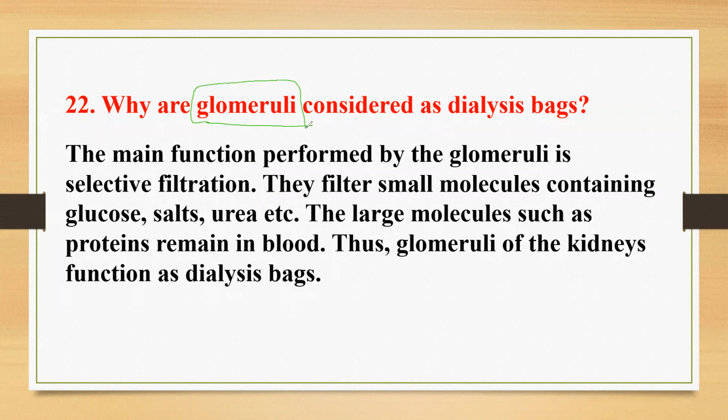Here in the nephron, there is a glomerulus, a bag-like structure where the purification of blood takes place. How will that be? You can see why it is considered a dialysis bag. Let's see the answer. The main function performed by the glomeruli is selective filtration.